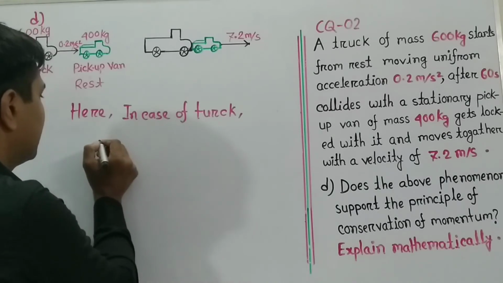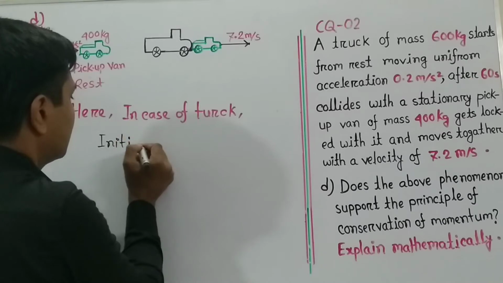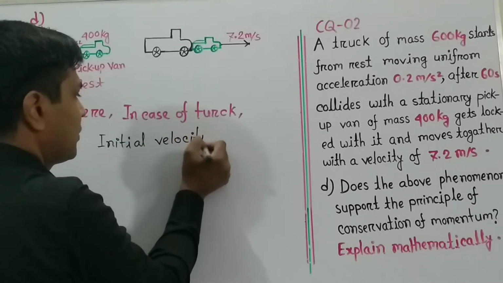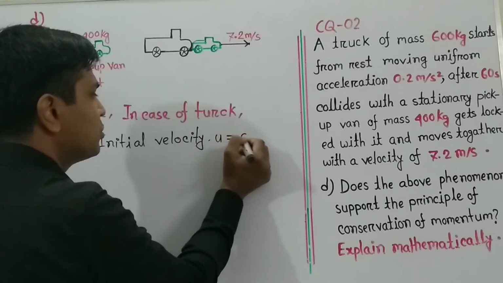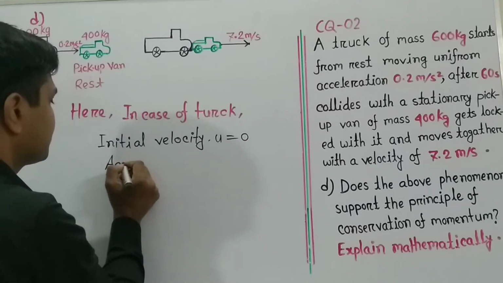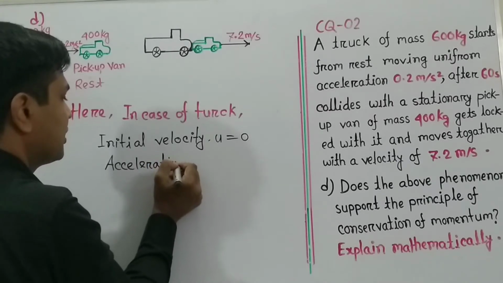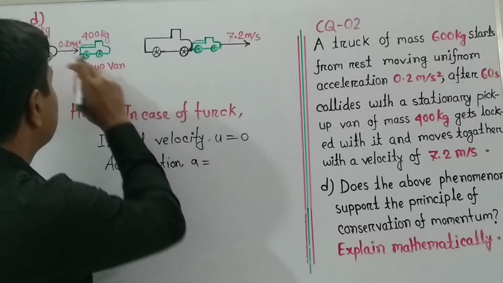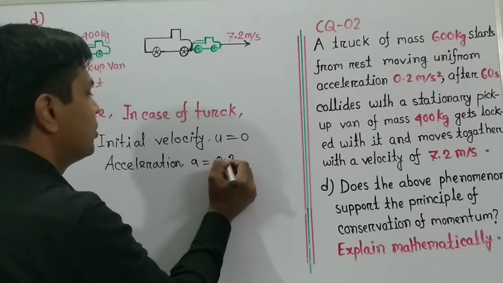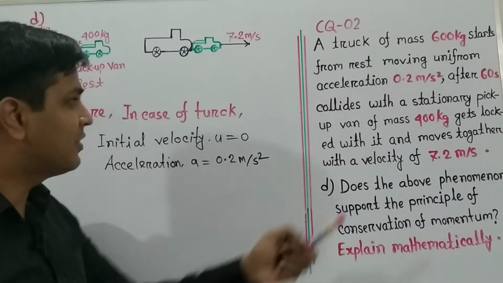So we can write here, initial velocity, which is u equals to 0, and the acceleration is given here 0.2 meter per second square, and time is given here 60 seconds.